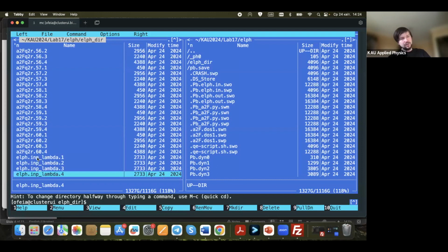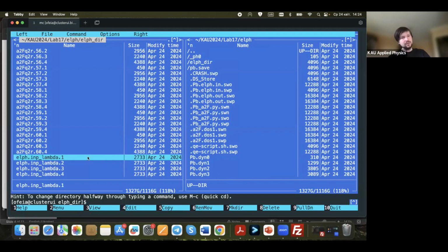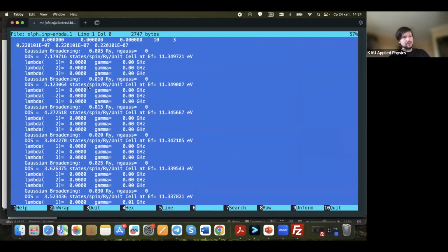And we have 4 lambdas, each lambda for each irreducible Q point. This is what we discussed. So these are files with this broadening.